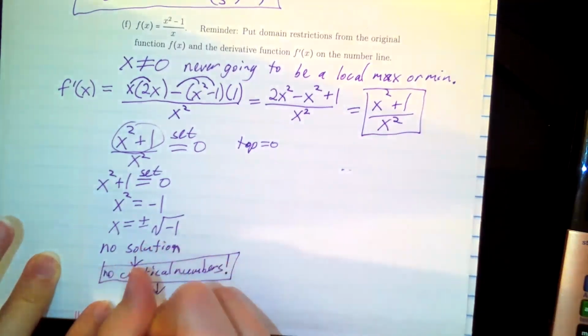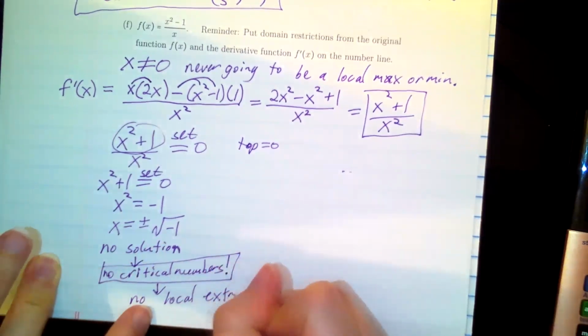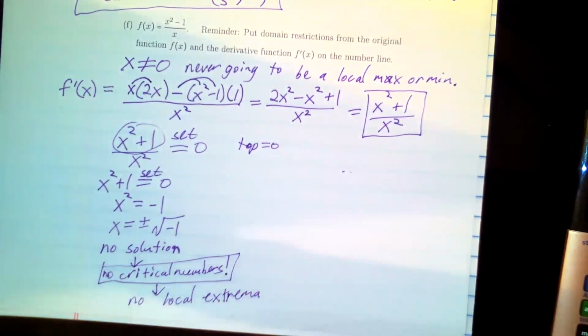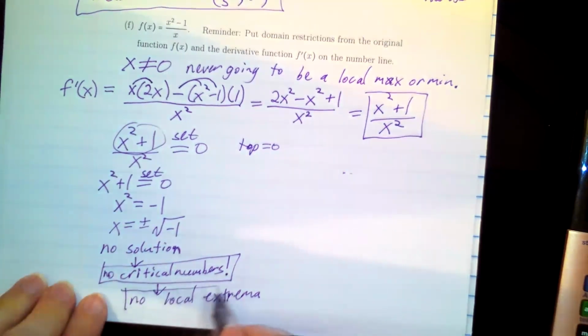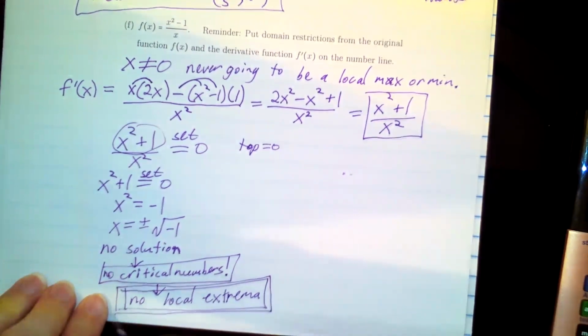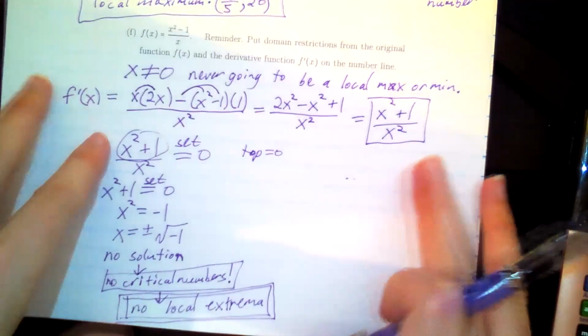We would say there's no local extrema. We don't even got to do a number line analysis. If we don't have any candidates, we don't have any candidates. That's it. So that's the answer to this one. There's no local extrema because there's no critical number, actually. So we're done with this one. This happens occasionally, too.